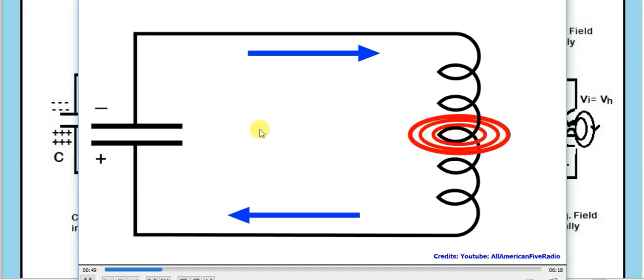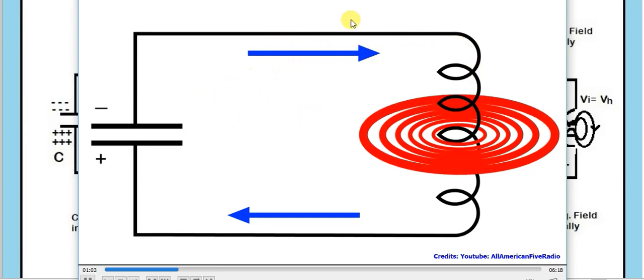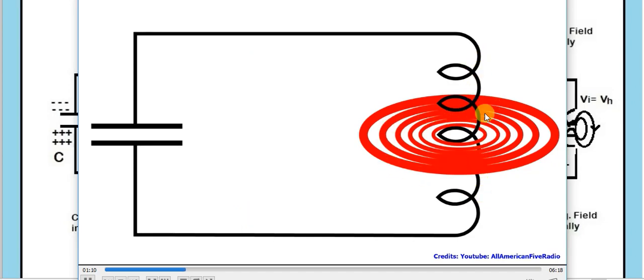Again the capacitor is discharging, and the field is expanding because the capacitor charges and discharges exponentially, which causes the varying current. This DC energy is now varying in current passing through the coil, which is causing this expanding magnetic field. Now here the magnetic field is completely expanded and the capacitor is empty.